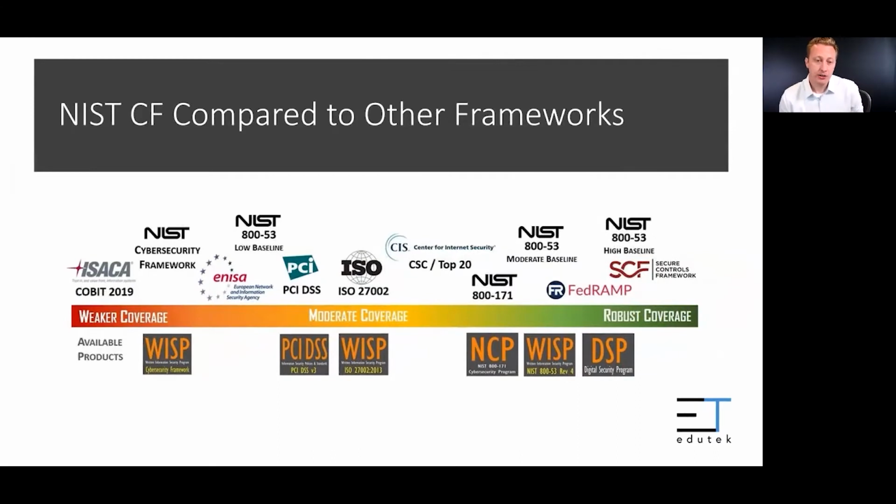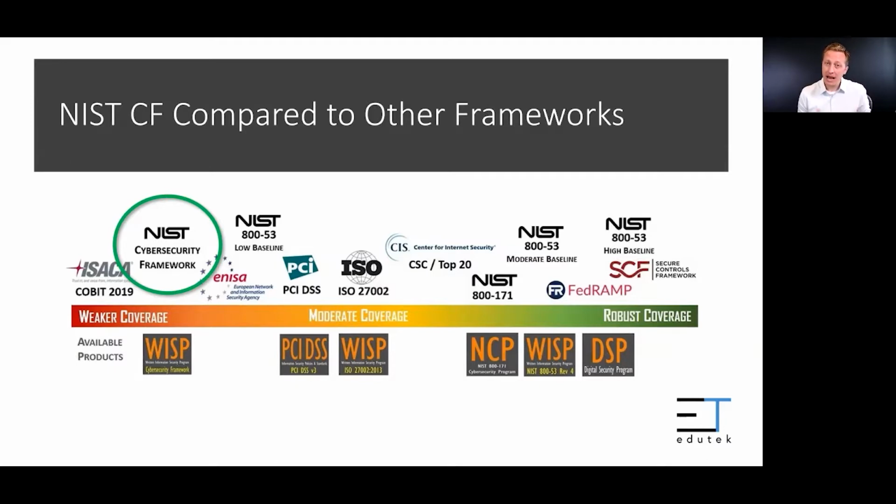How does it compare to other standards or frameworks that exist? I thought this was an important little graphic, and some of you have seen it. It just helps you understand where we exist in the world of standards and frameworks surrounding cybersecurity. The NIST cybersecurity framework is actually toward the very low level of standards.